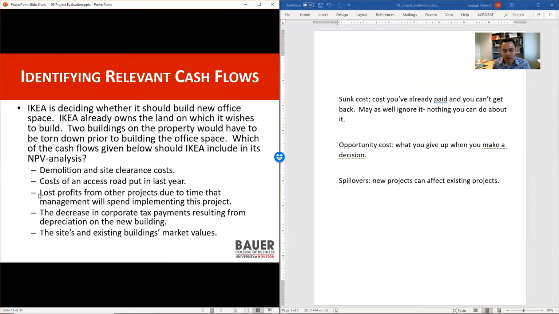The third point, what about lost profits from other projects due to the time that management will spend implementing this project? What's that an example of? We said that looks like an opportunity cost, right? If the CEO and the CFO and all the VPs are thinking about building the new space, they have to hire an architect, they have to make sure that their offices look right, blah, blah, blah, right?